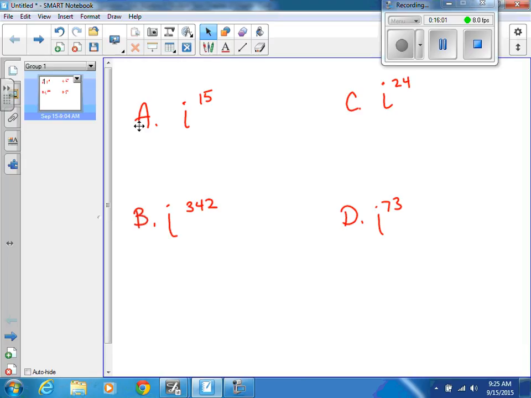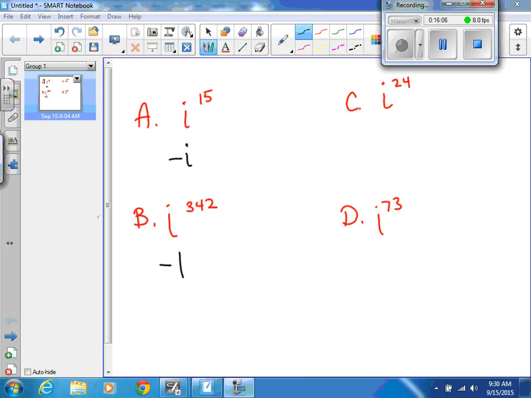Try those four. On 24, what's the remainder? There's not a remainder, right? So what's that one going to be? It's not going to be i. It's going to be 1.